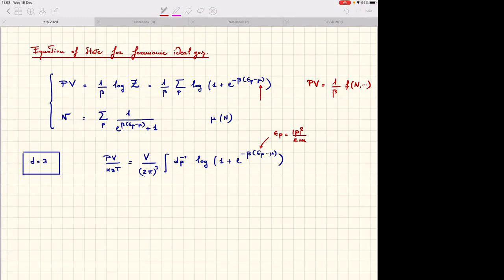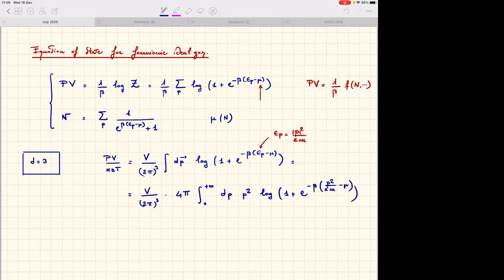Let me write it explicitly. So if it's spherically symmetric, then this integral can be performed in spherical coordinates. So I will have V over (2 pi) cubed times the solid angle, which is 4 pi, and then the integral between 0 and plus infinity, dp p squared, and then the log of 1 plus e to the minus beta (p squared over 2m minus mu).